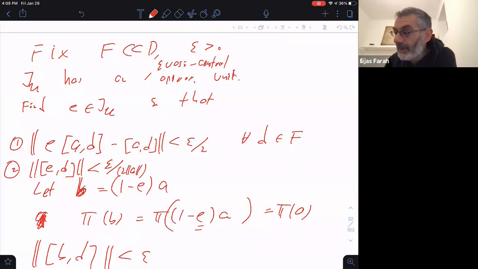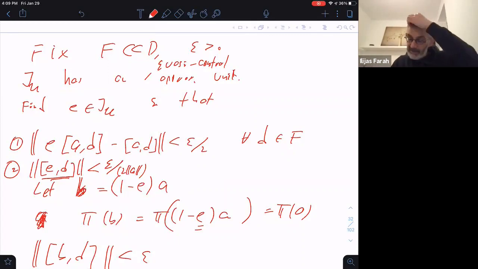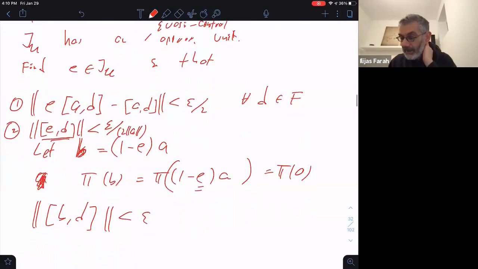So I don't even need the full power of a quasi-central approximate unit. All that I need is for E to sufficiently commute with all of these d's, and really only with finitely many d's. So quasi-central is an overkill. But now if E approximately commutes with all of these, now I have this.